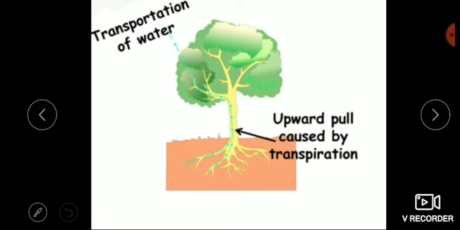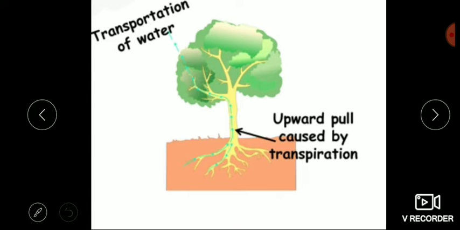There is another advantage of transpiration. When leaves lose water during transpiration, the roots absorb water to make up for it, and minerals come up the plant along with the water.